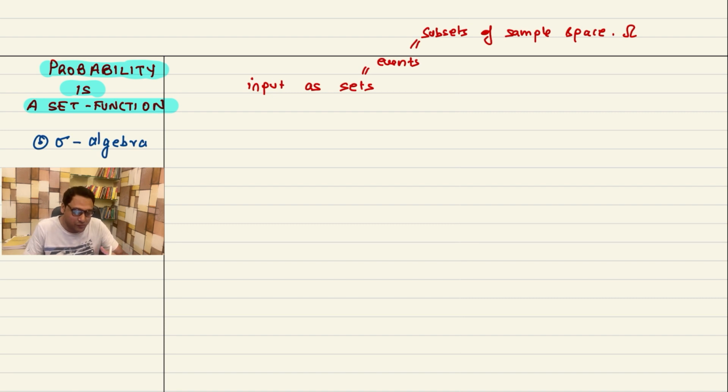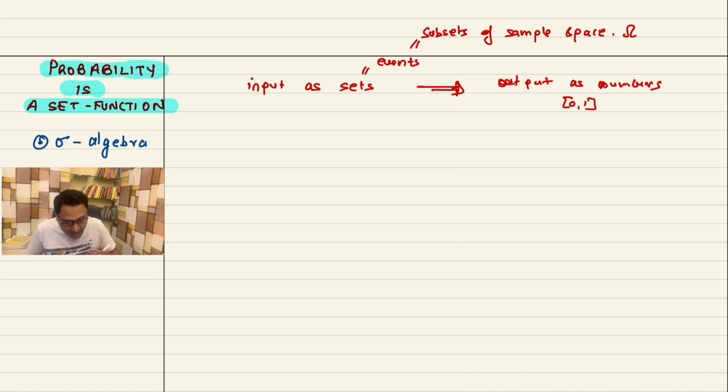We will come to that in a moment. So inputs as sets and output as numbers between 0 and 1. So there are certain conditions that this function must satisfy.